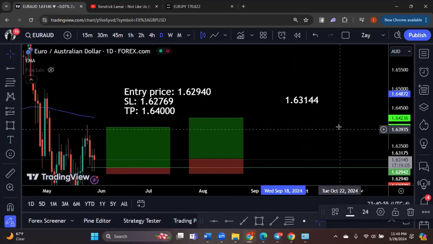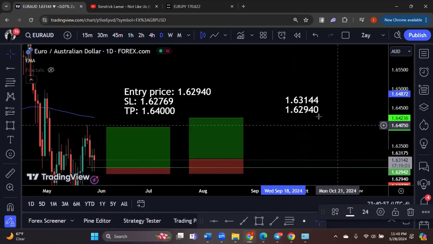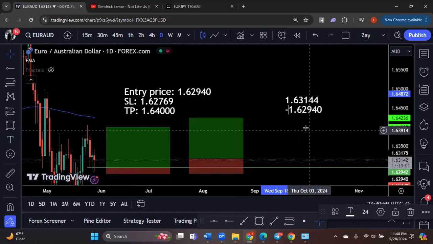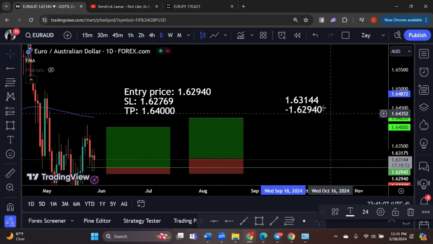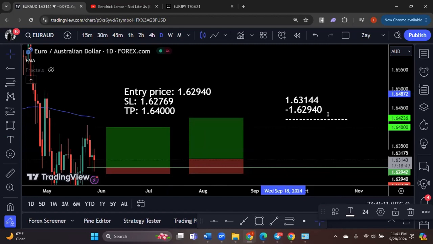All right, cool. So all I'm gonna do manually, this is what I'm gonna do. I'm gonna take the price that market is currently at, and I'm gonna subtract the entry price to see how many pips market currently is from there, right? So what I'm gonna do is regular math.